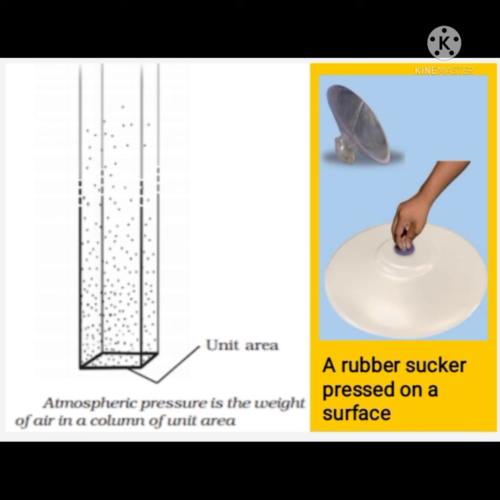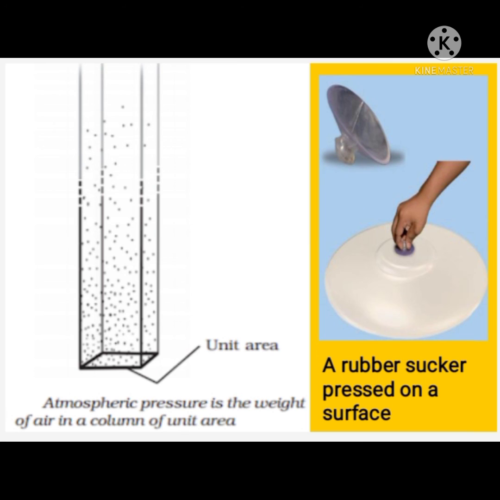Can you do it? When you press the sucker, most of the air between its cup and the surface escapes out. The sucker sticks to the surface because the pressure of the atmosphere acts on it. To pull the sucker off the surface, the applied force should be large enough to overcome the atmospheric pressure.